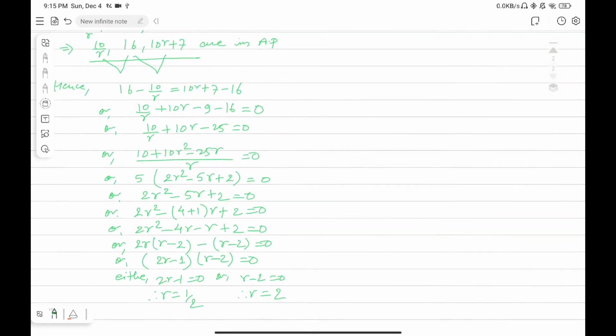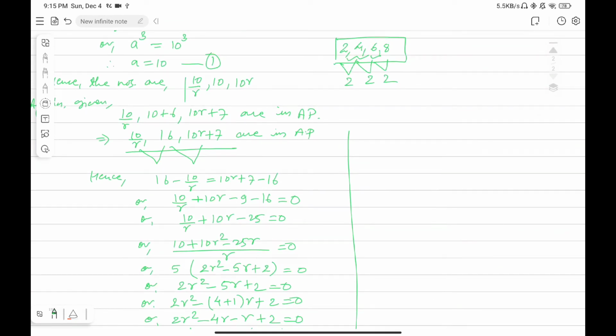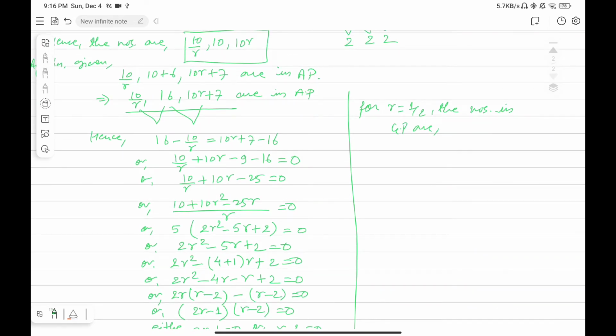Now we have to find the numbers in GP. We have already found the numbers in GP: 10 by R, 10 and 10R. For R equals 1 by 2, the numbers in GP are 10 by R, so 10 divided by 1 by 2, 10, and 10 times 1 by 2. The 2 goes up, so we get 20, 10 and 5.